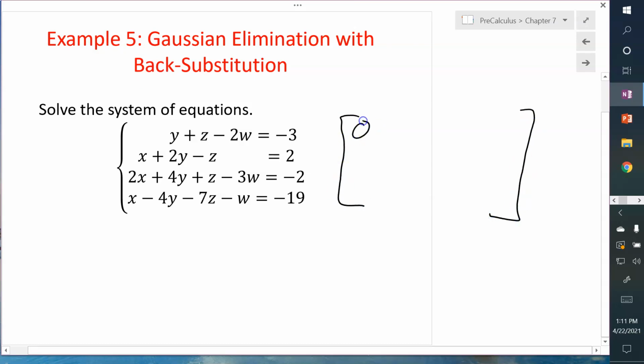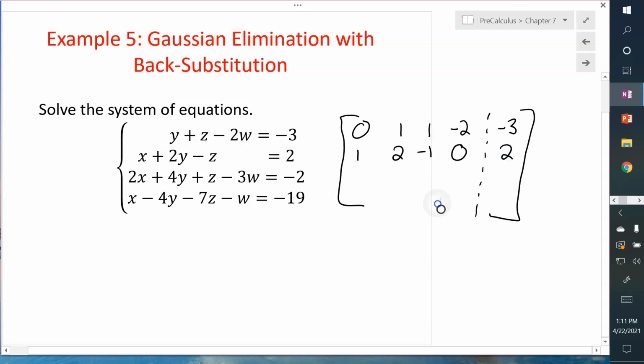I have a 0 for my x. I have a 1, and a -2. And here goes in my dashed line. I have a -3. And then I have second row. I have a coefficient of 1 for the x, 2 for the y, -1 for the z, 0 for the w, and then it equals 2.